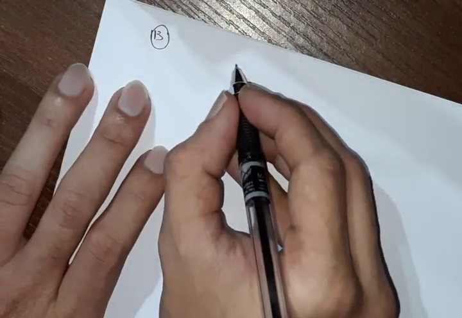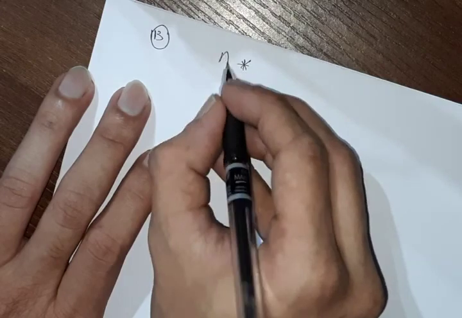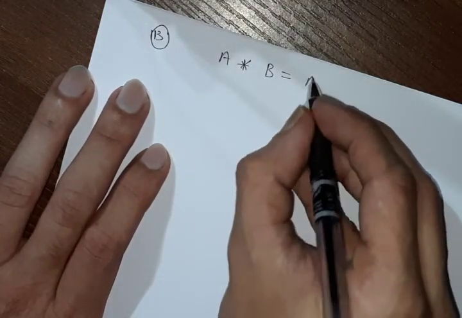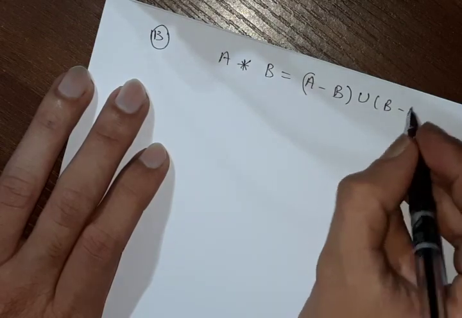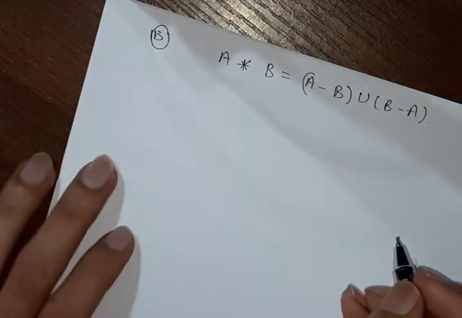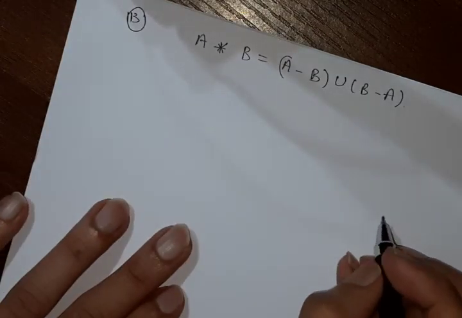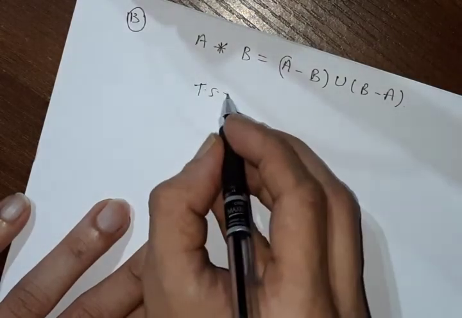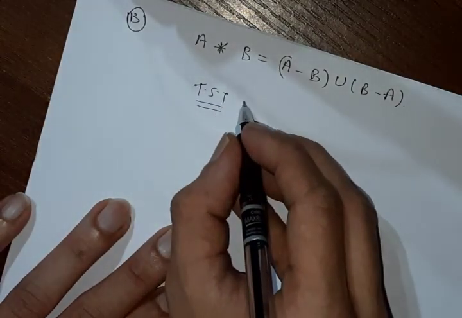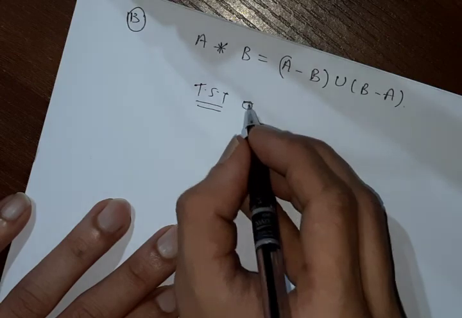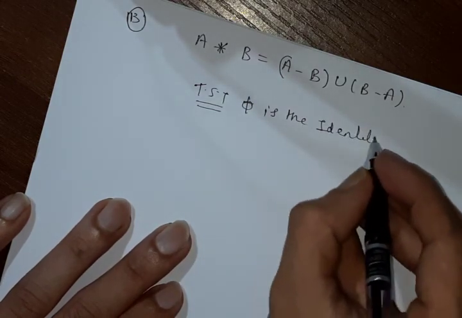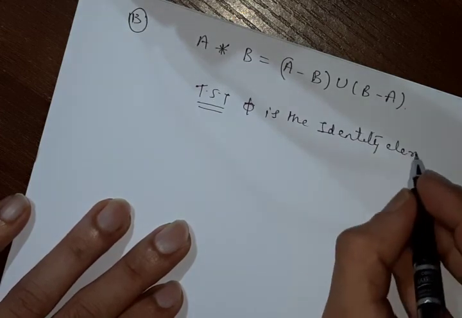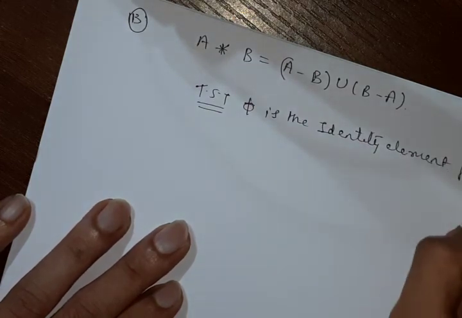So what you have is the operation star, which is nothing but A star B equal to (A minus B) union (B minus A). This is the operation. Now see what we have to show: that the empty set is the identity element for star.